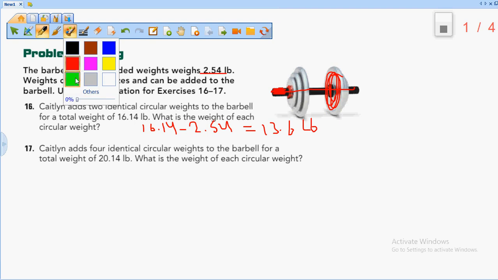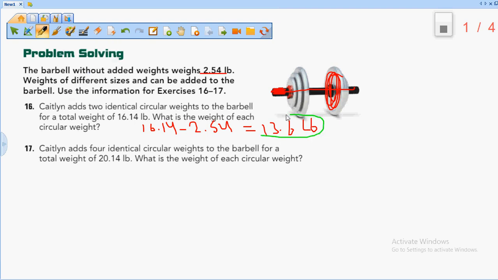Look, now without the barbell, the total weight is 13.6 lb. But you have to be careful when you are solving these questions.